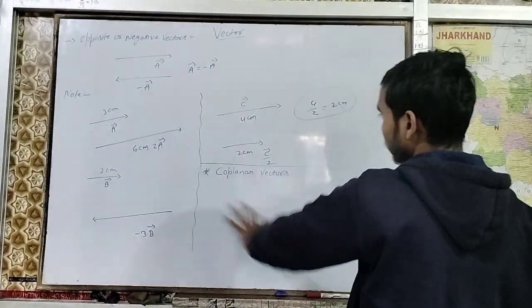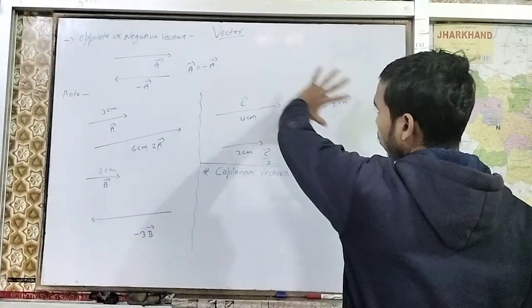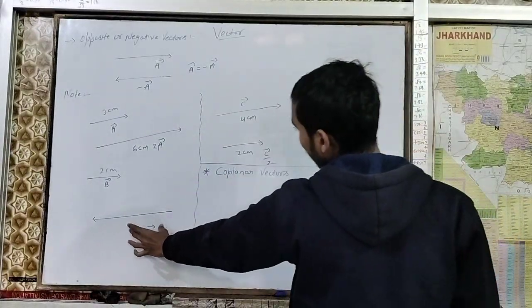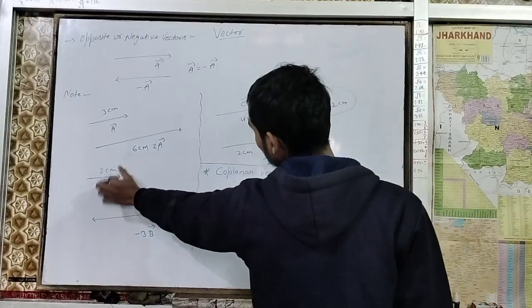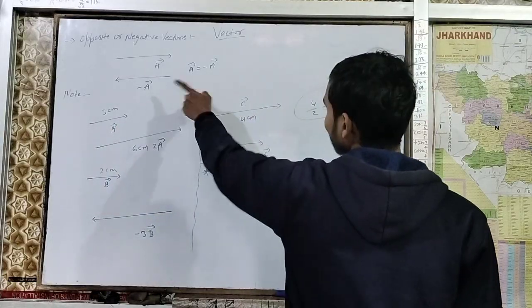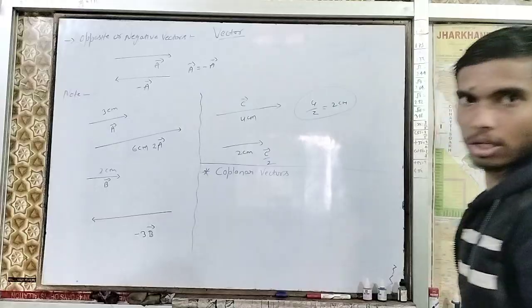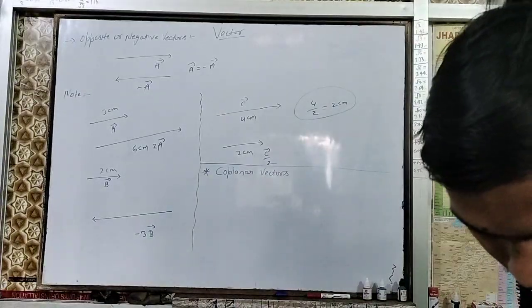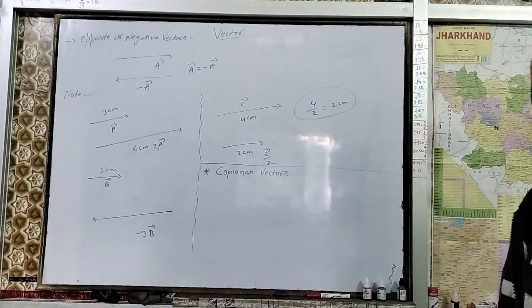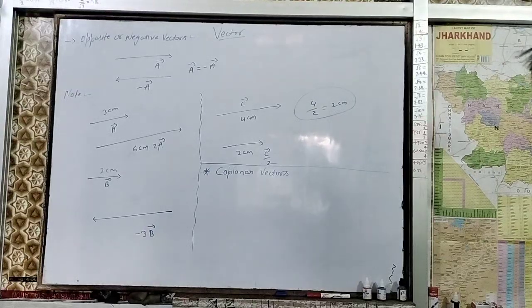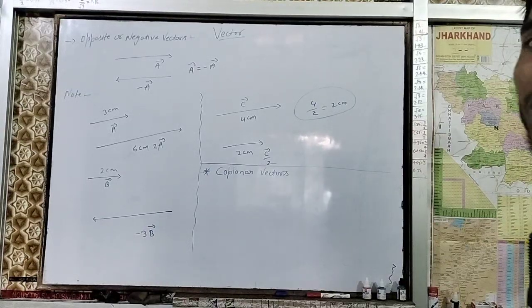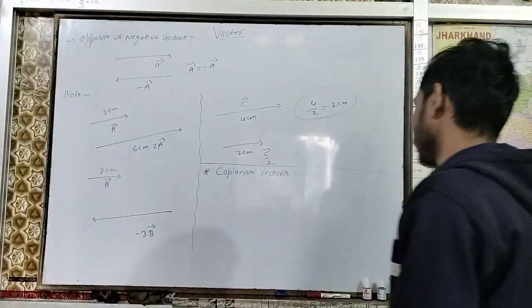This board is an example of a plane. On this board you can see there are how many vectors? 1 2 3 4 5 6 7 8. There are 8 vectors. So yes, it is the definition of coplanar. Means there are a lot of vectors present on a single plane.